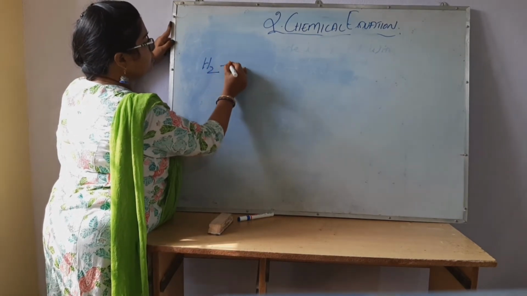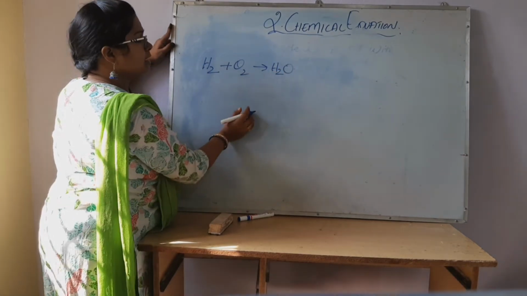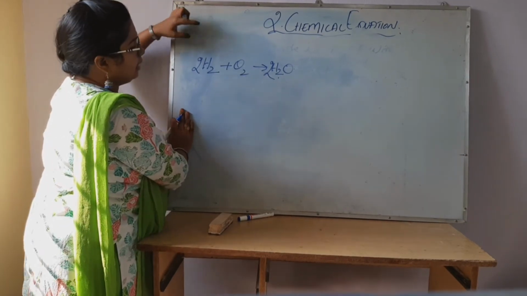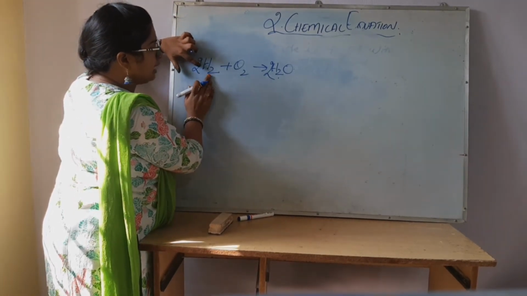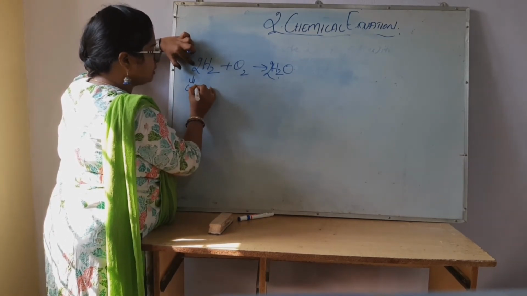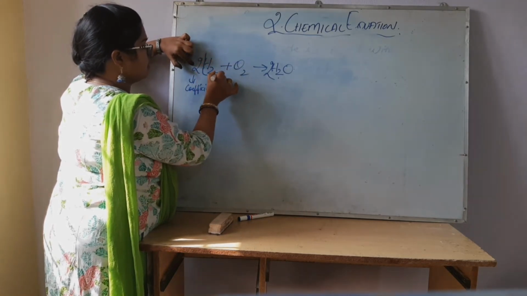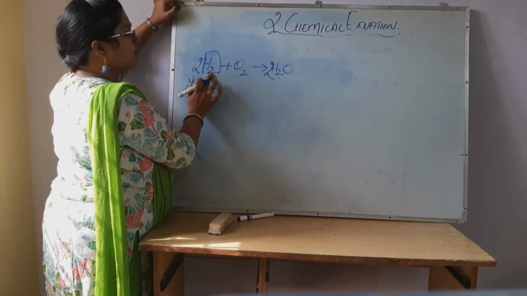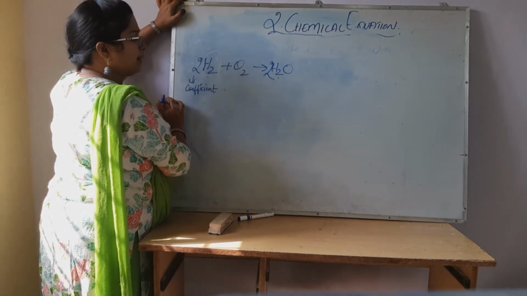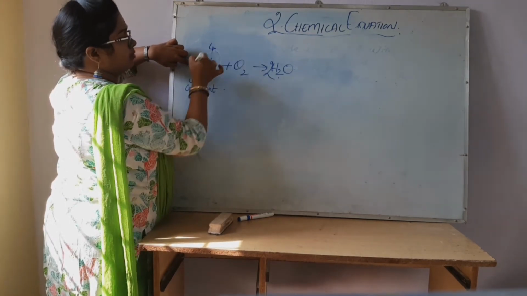See, H2 plus O2 gives rise to H2O. Here 2 and here 2. How many hydrogen atoms are participating? It means 2, the coefficient. For this, when I ask how many hydrogens are participating in the reaction, it means 2 into 2, 4.